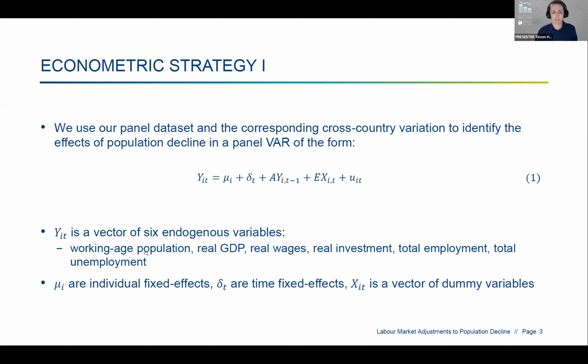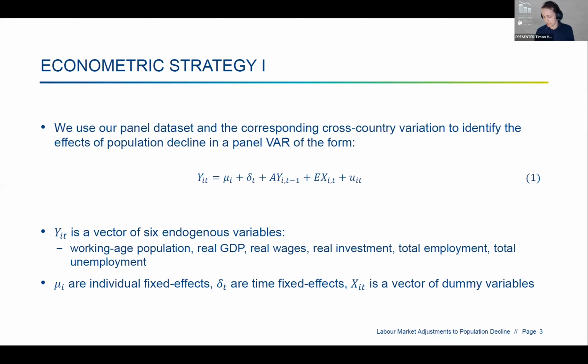This vector consists of the working age population, GDP, wages, investment, employment, and unemployment. On the right-hand side, we of course have the lagged endogenous variables. We have individual fixed effects, country fixed effects, time fixed effects, and a vector of dummy variables which capture the dynamics that happened during the world wars.